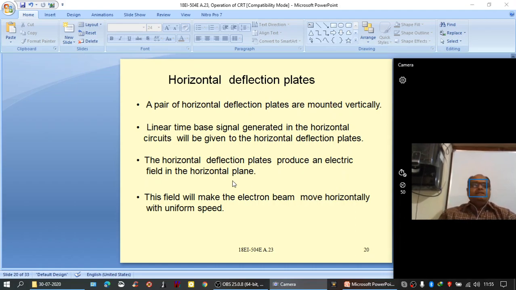The horizontal deflection plates produce an electric field in the horizontal plane, and this field will make the electron beam move horizontally with uniform speed in the horizontal plane. It keeps on oscillating in the horizontal plane.